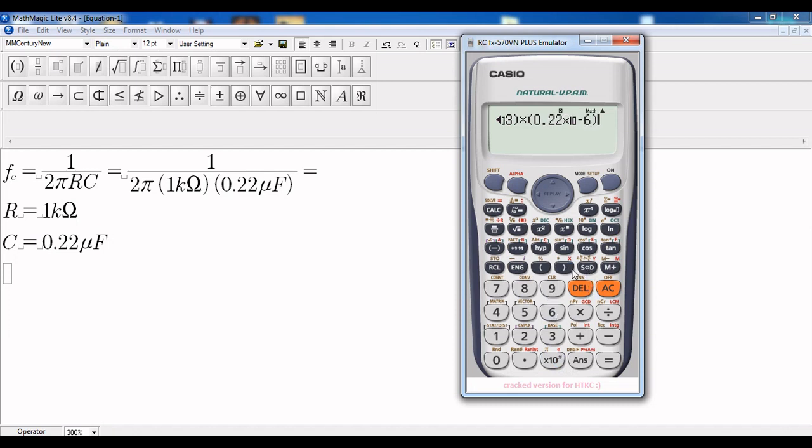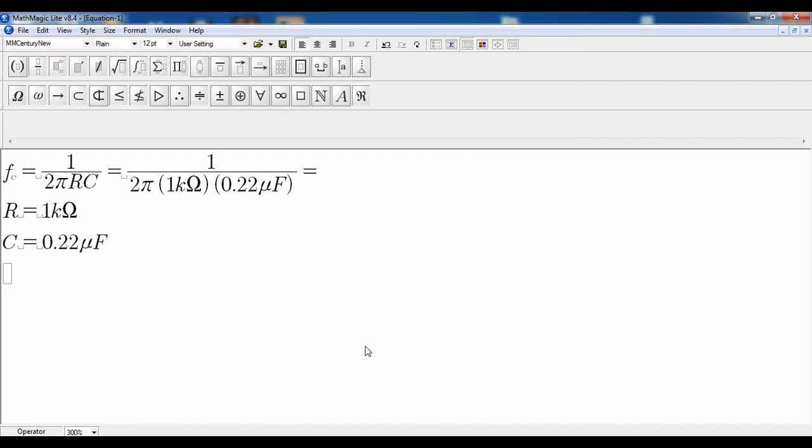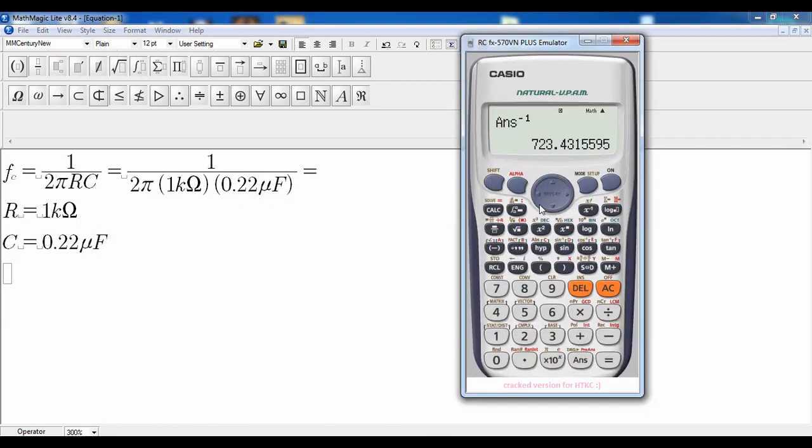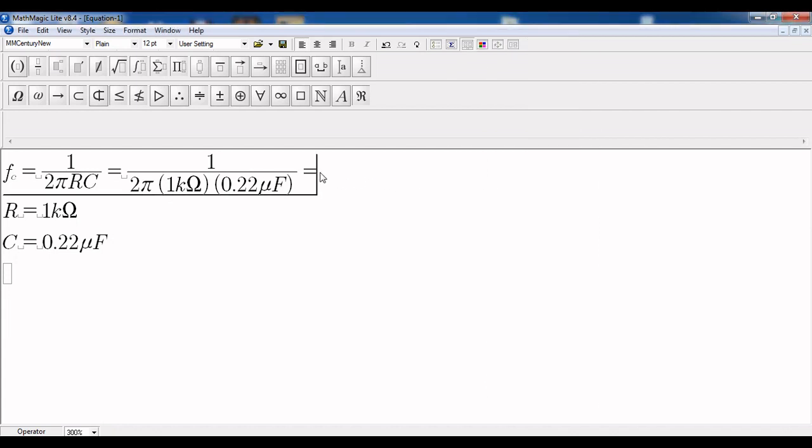Okay, so we have this, and then that means the answer would be 723.43. What would be the unit? Because this is frequency, the unit would of course be in hertz. Okay.